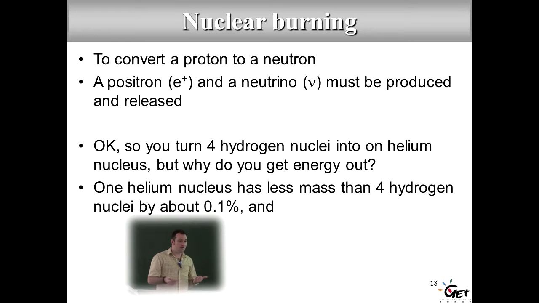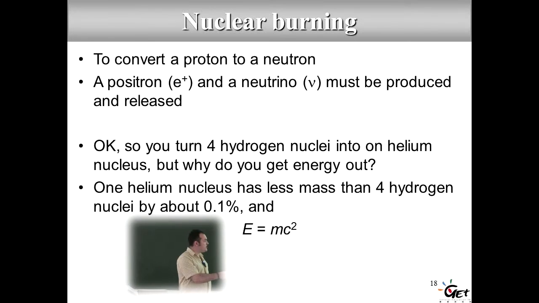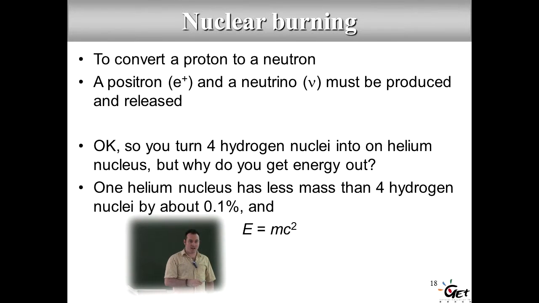And one guy told us this. Albert Einstein tells us that mass is related to energy. E equals mc squared. This is energy, this is mass, and this is the speed of light, 300,000 kilometers per second. So you take it to the square, okay, you see that with a very little mass, you have lots of energy.